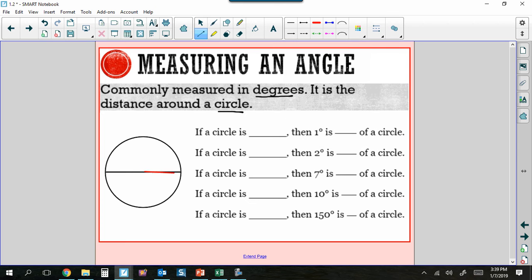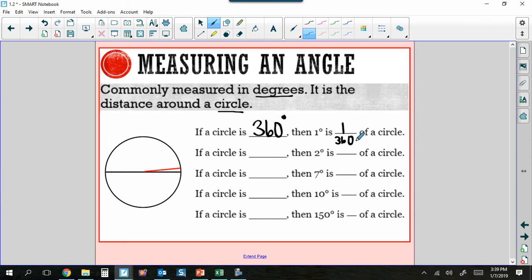If I were only going to go 1 degree, then I would say that I went 1/360th of the circle, because there are 360 total degrees, and we're only talking about one of the 360.